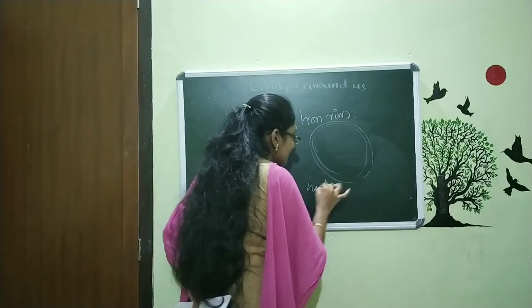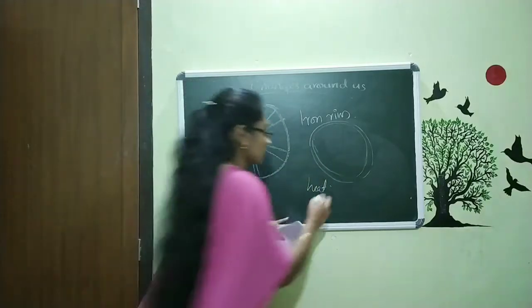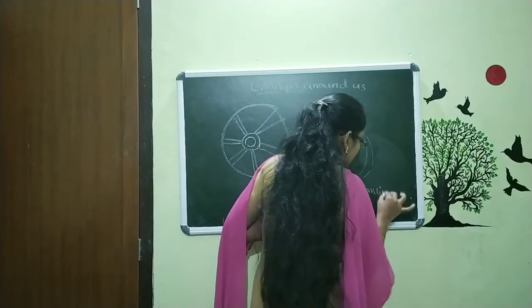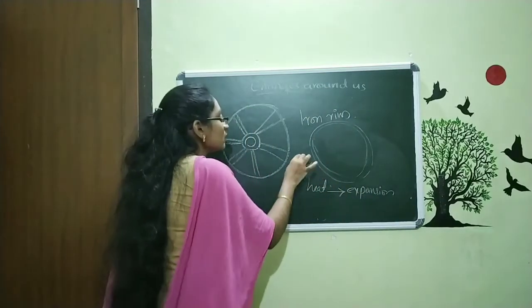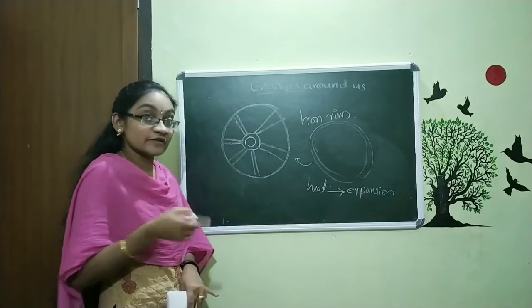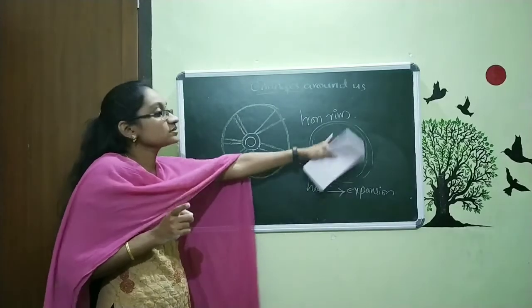When we are heating, what happens? Here also the expansion occurs. So now it can be fit on our wooden wheel, and then we will pour water on this hot ring.